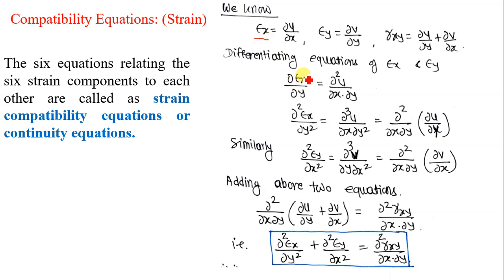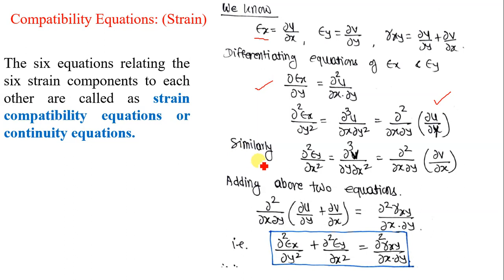We are differentiating epsilon x with respect to y. This is the first differentiation, and the right hand side will be equal to del 2 u by del x del y. Again differentiating this equation with respect to y, del 2 epsilon x by del y square is equal to del 3 u by del x del y square. Here we take del u by del y in brackets, so outside there is del 2 by del x del y.